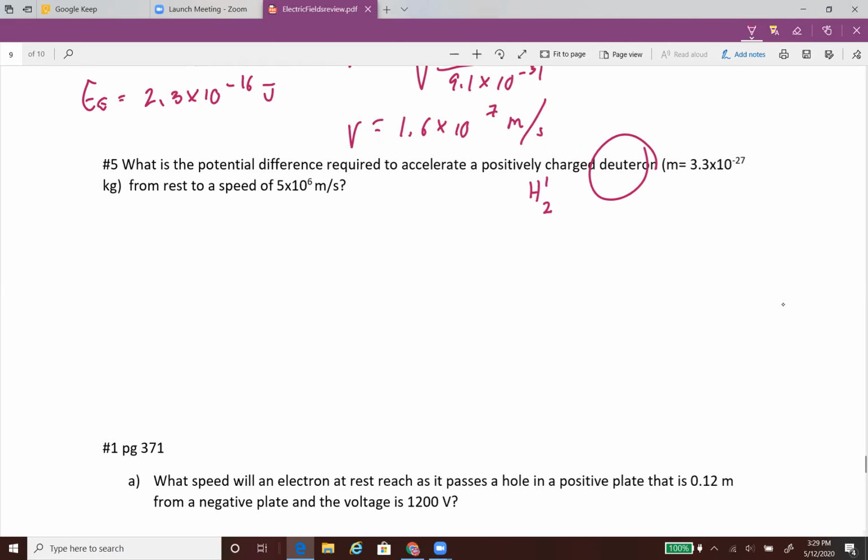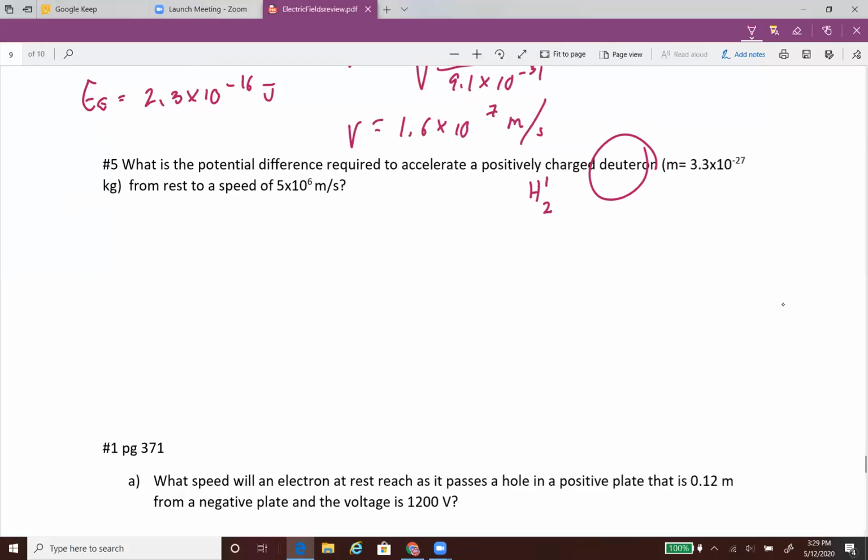Okay, so what is the potential difference required to accelerate a positively charged deuteron from rest to a speed of 5 times 10 to the 6 meters per second? Okay, so here's what we also know. Because it's hydrogen, we know it's got 1 proton.